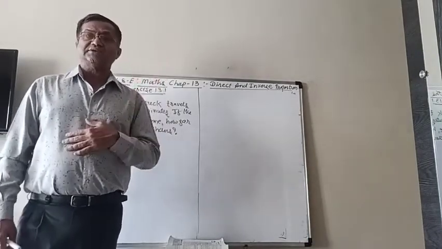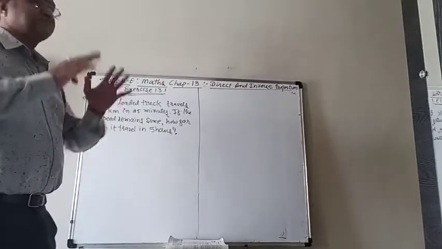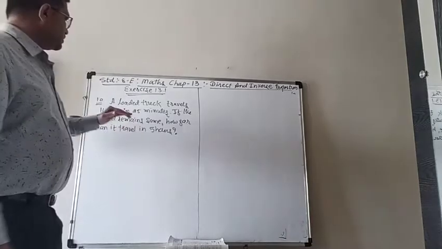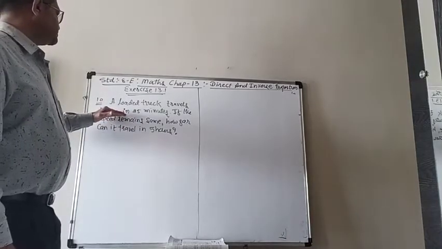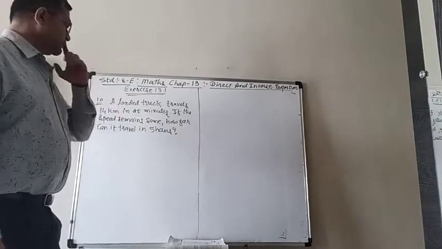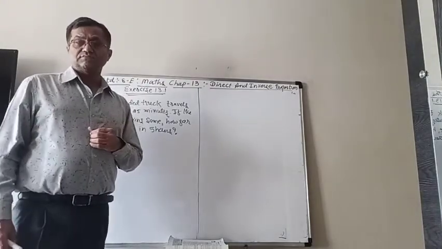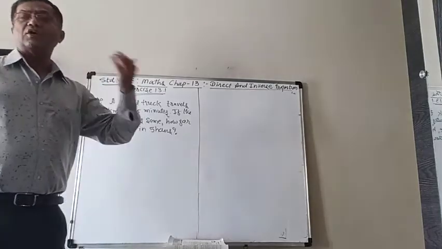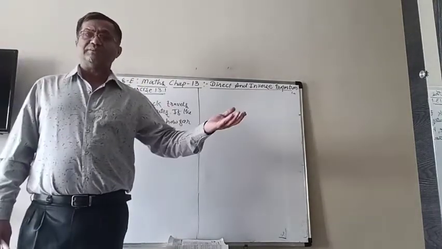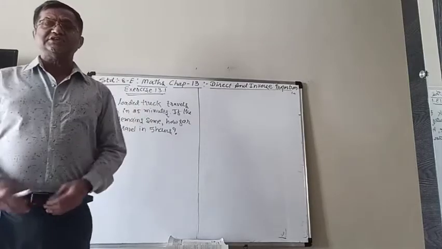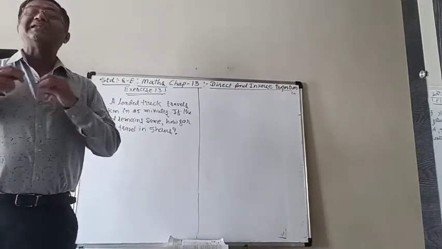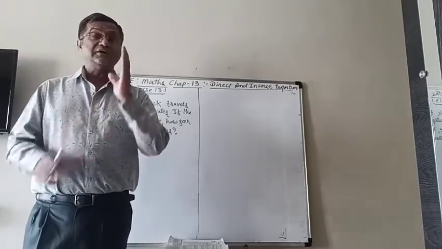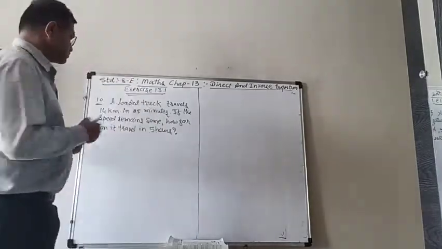Now here you can see that the speed is remaining the same. It means that the distance traveled and the time taken, if we cover more distance, it will take more time. If you cover less distance, it will take less time. It means that they will have a relation of direct proportion.